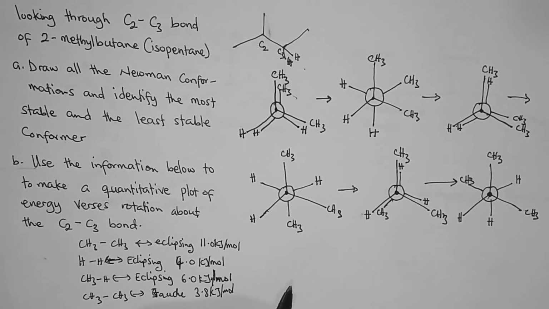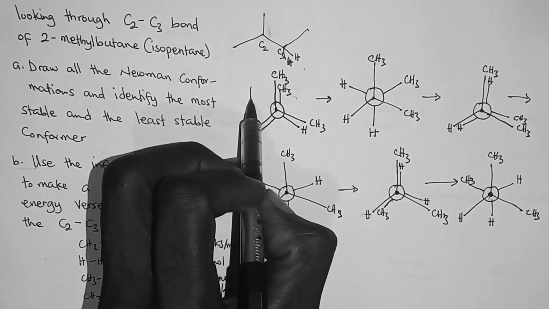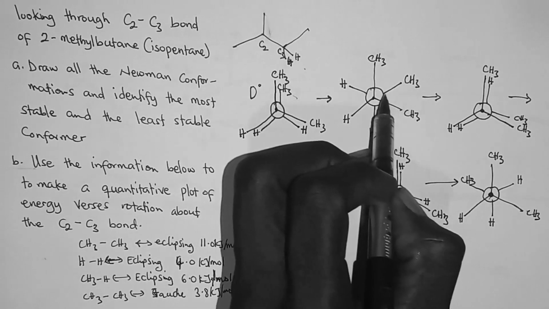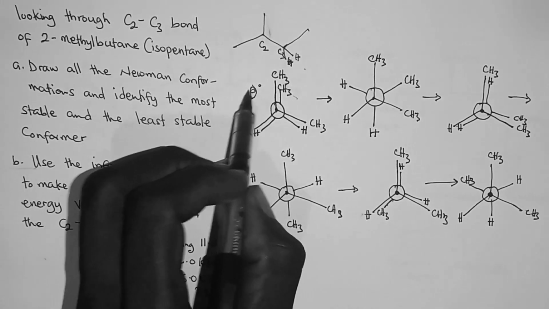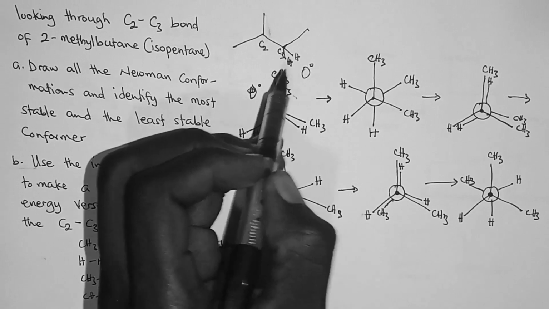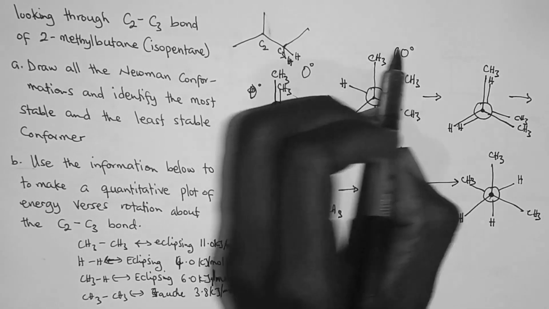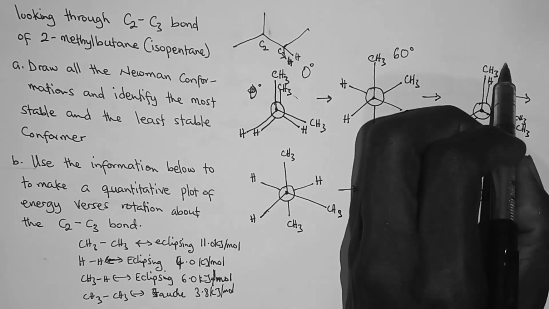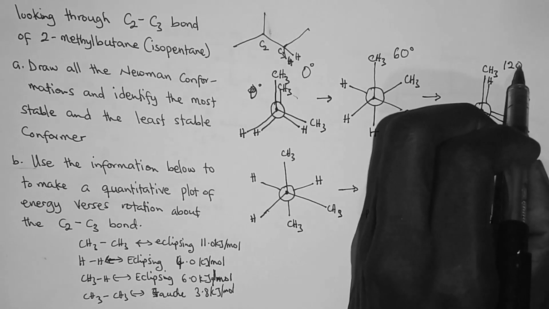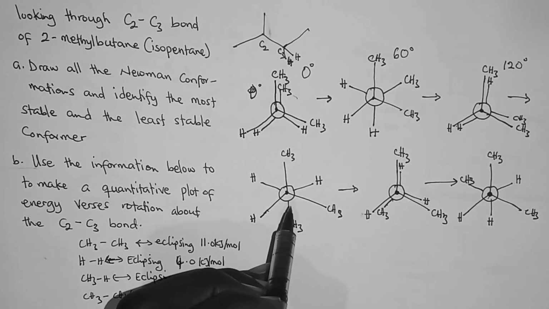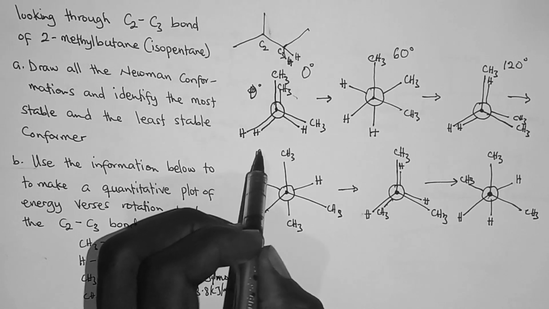So these are the Newman projections that we can draw. So these are all the conformers of 2-methyl butane. So we can see that this is 0 degrees, so let me write it on top. This is 0 degrees, this is 60 degrees rotation, and then this is 120 degrees rotation, and then this is 180 degrees rotation.